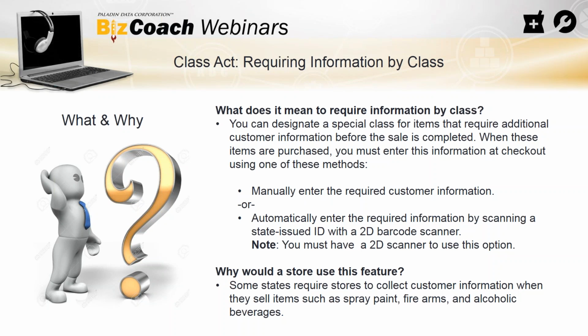Firearms, we have a lot of hardware stores getting into the firearms market, which is really exciting. Guns, ammunition, not everyone requires that we collect information on ammunition, but certainly for selling a firearm, of course. And then alcoholic beverages. If you want to expand to start having a little beer cooler or something, we can now start collecting that information, making sure that we're doing a good job checking those IDs, making sure we're not selling to an underage person.